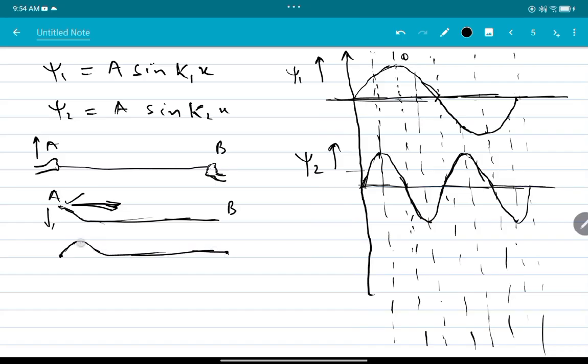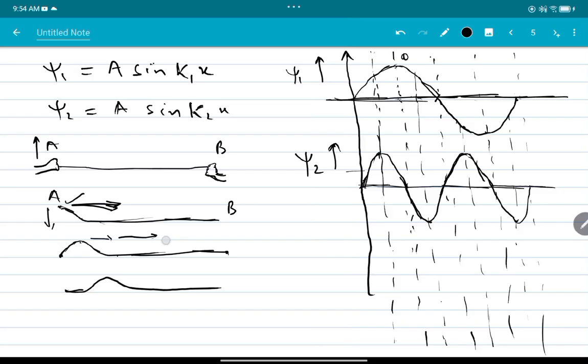It's not going to remain like that. Next moment, the shape of the string will be here, and so on. This crust will travel along this string in the forward direction, towards the right.